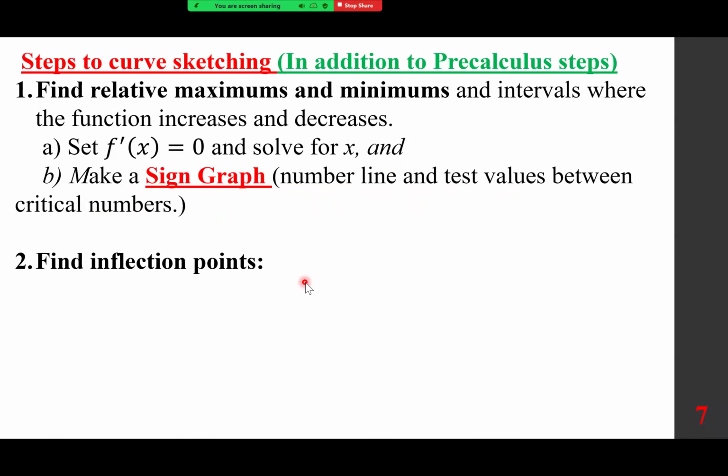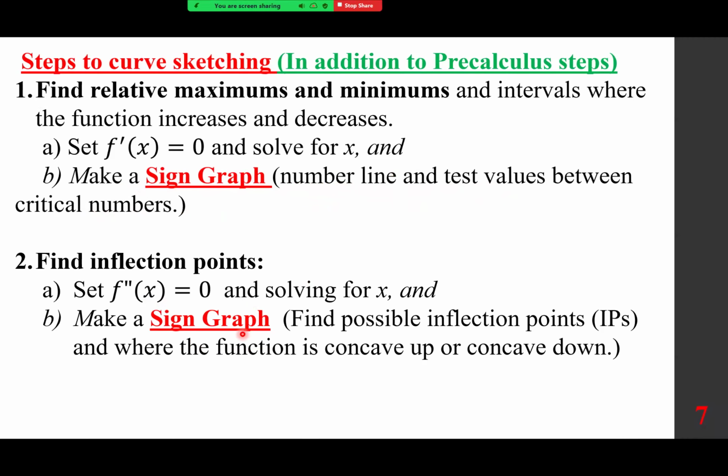Find inflection points: set f double prime equal to 0 and solve for x, and again do a sign graph. Find possible inflection points or IPs and where the function is concave up or concave down. Finally, put all of this information together and sketch the graph.